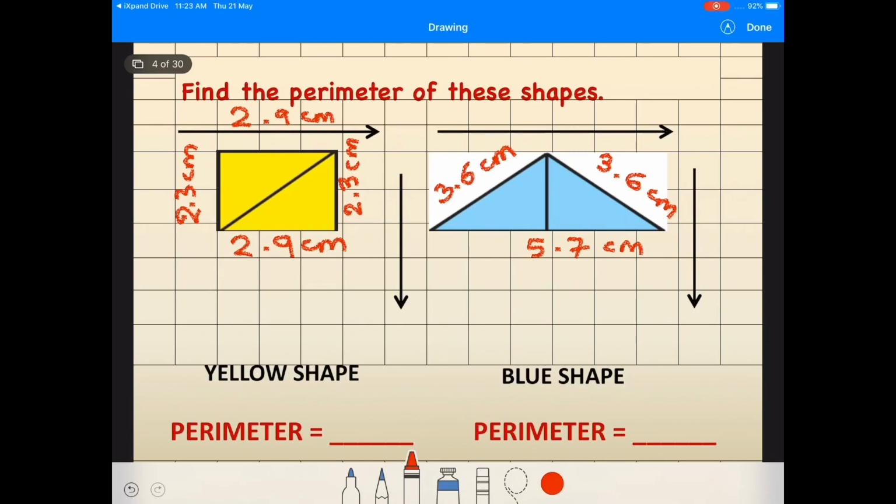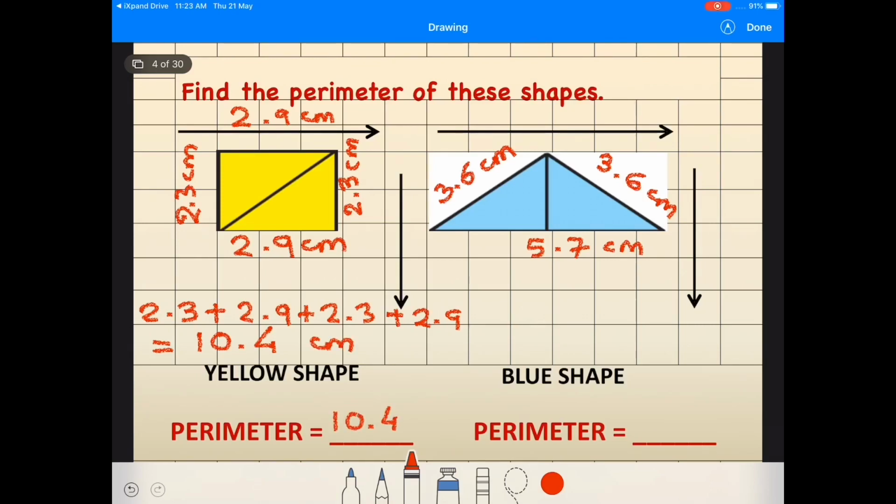So the perimeter of these shapes. Yellow shape: 2.3 plus 2.9 plus 2.3 plus 2.9 is equal to 10.4 centimeter.